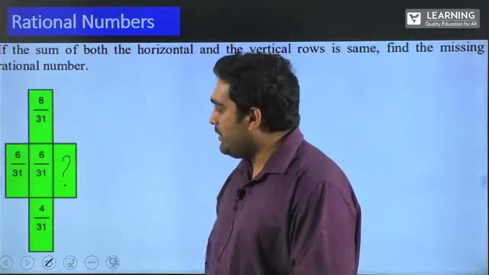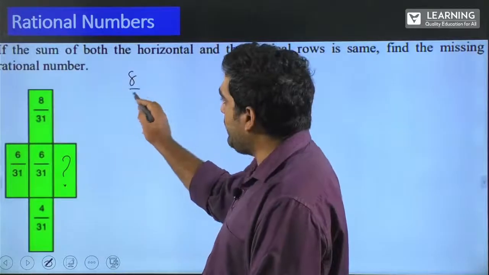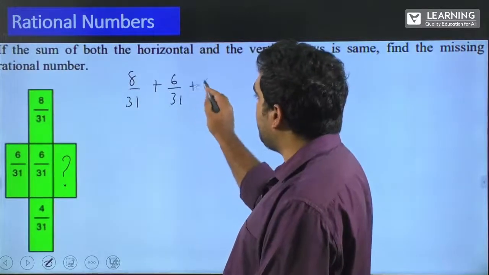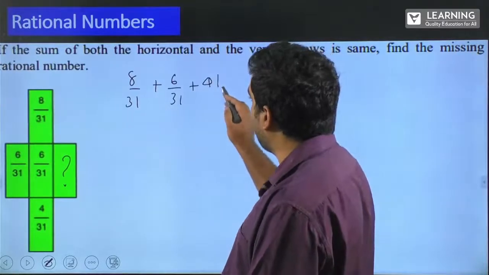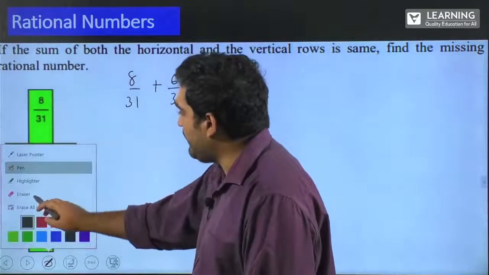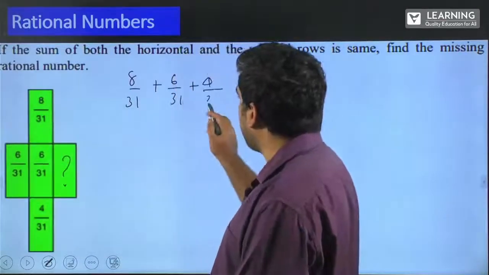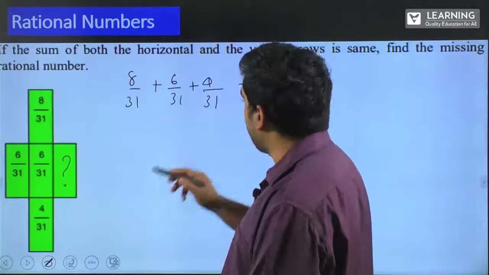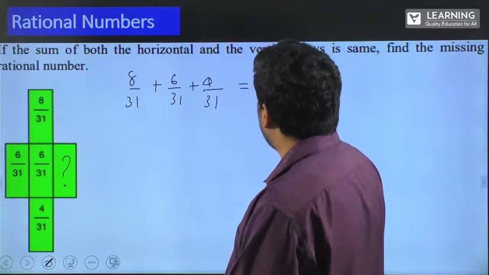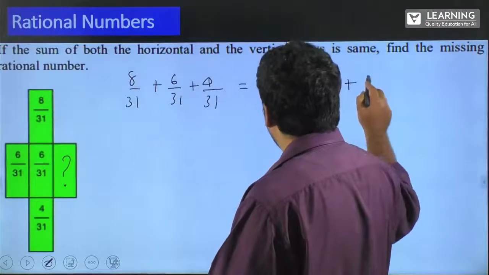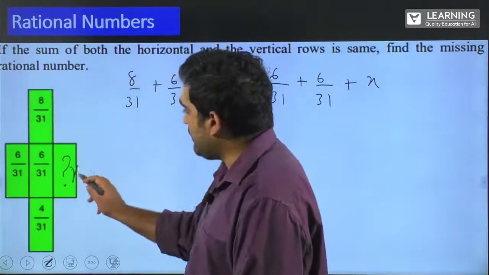The sum of the vertical is 8 by 31 plus 6 by 31 plus 4 by 31, which equals 6 by 31 plus 6 by 31 plus x. So I'll call this x.